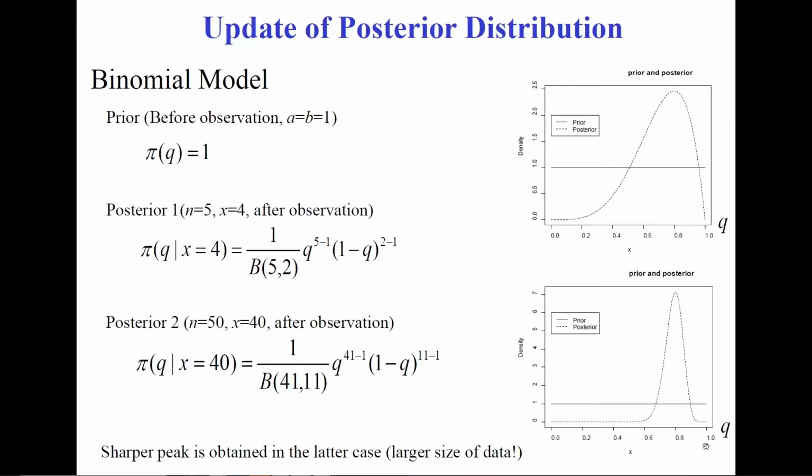Basically, the more data we have, the sharper the peak we obtain around the estimate of the parameter q. This range denotes a certain uncertainty on the parameter q. This is the meaning of the posterior distribution.